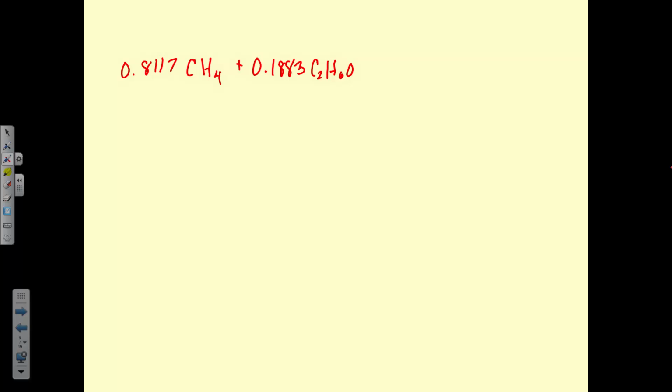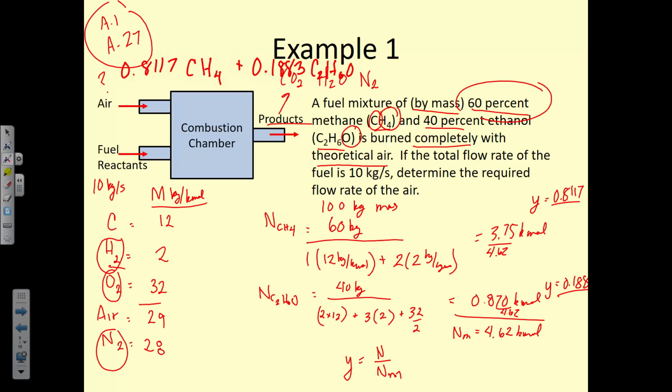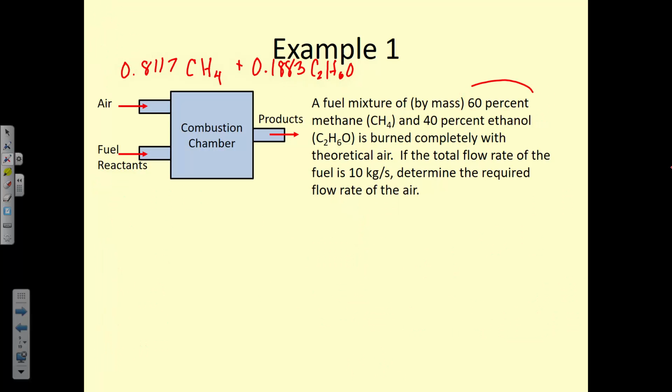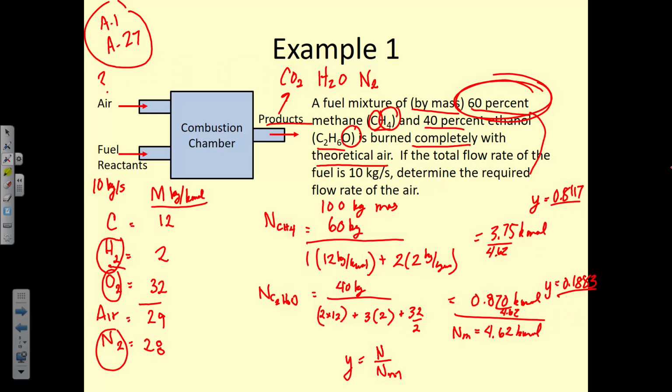It's the molar fraction. What we were given was a mass fraction, so 60% by mass. We wanted to convert it into a molar fraction. If you add these two together, they equal 1.